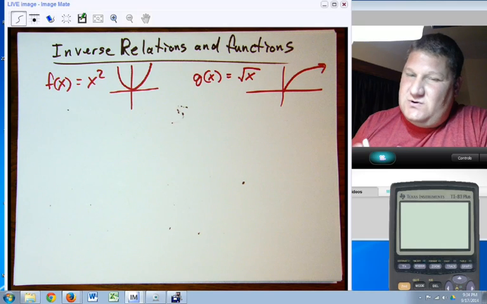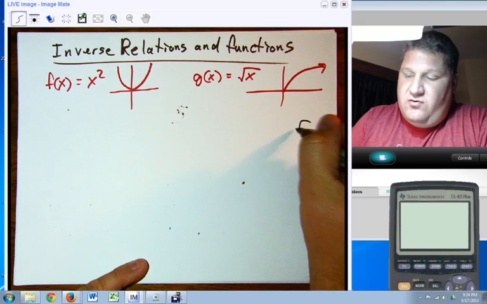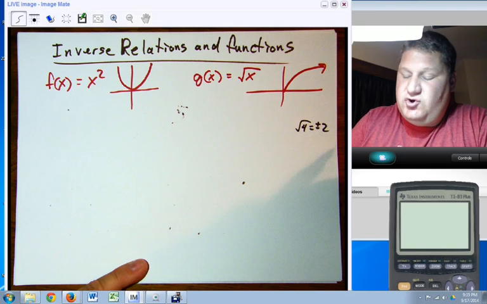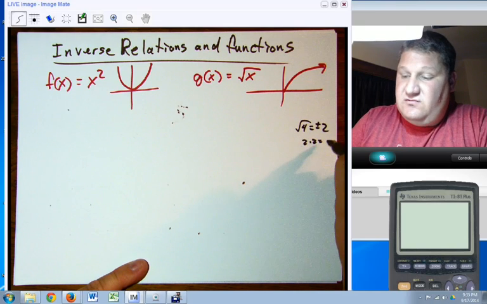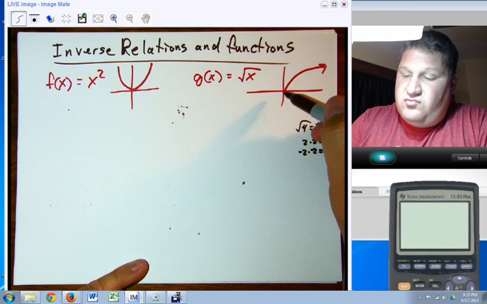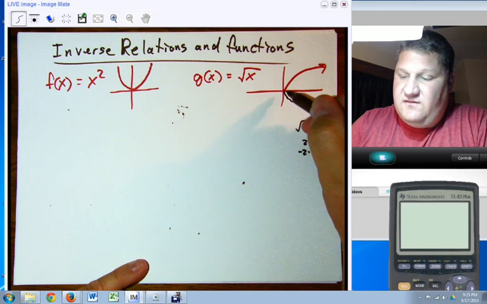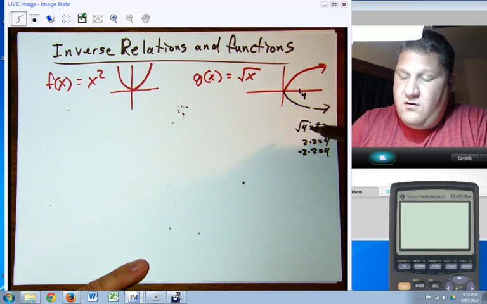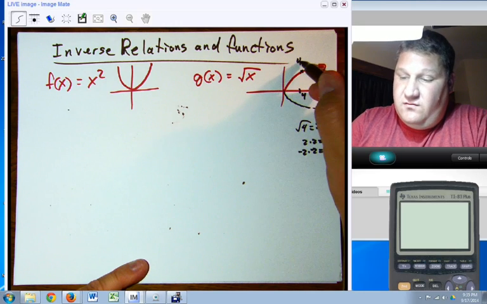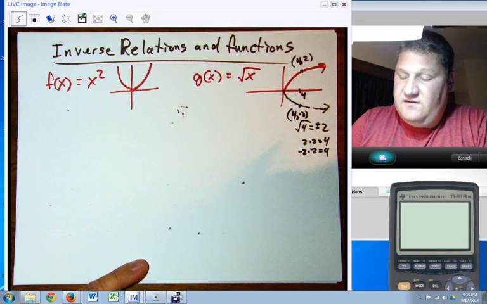Well, sort of. Because really, if I take the square root of 4, my answer is going to be plus or minus 2, because 2 times 2 equals 4. Negative 2 times negative 2 equals 4. So really, this graph looks like this, because for any value of x, I have either positive 2 or negative 2.